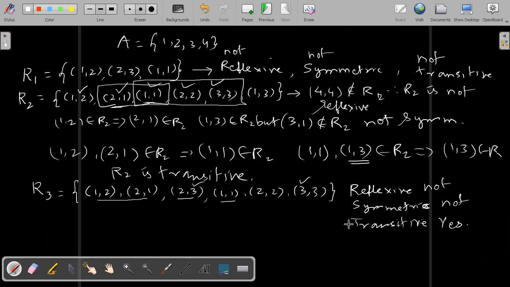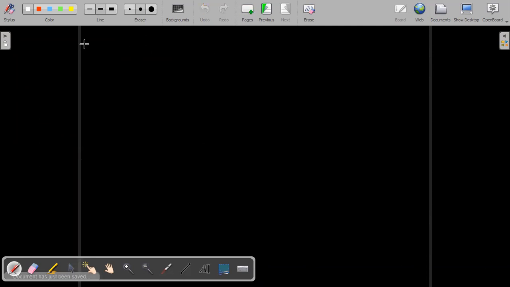So I think you understood better. Now I'm writing some more relations, same R3 or R4. You can check, the same A is the set of elements 1, 2, 3, 4. So you have to find out and send me on WhatsApp whether this R4 is reflexive, symmetric.